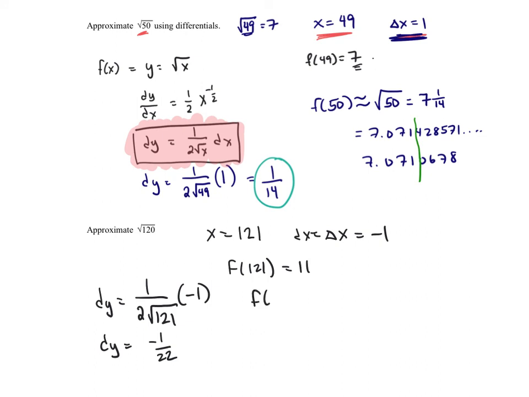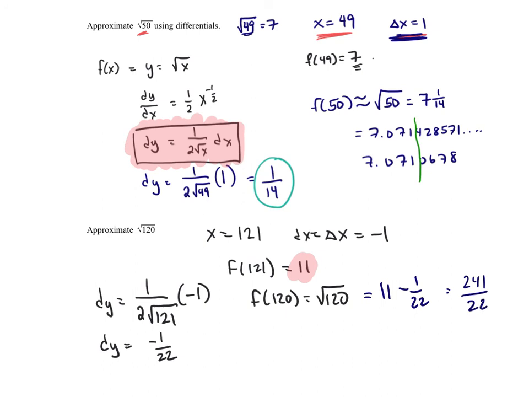So for my approximate value for f of 120, or the square root of 120, I'll take where I was at 121, which is 11, and then I'll subtract that change in y. So that is going to be simply 11 minus 1 over 22. Now, if I do that in fraction form, that's going to be 241 over 22.